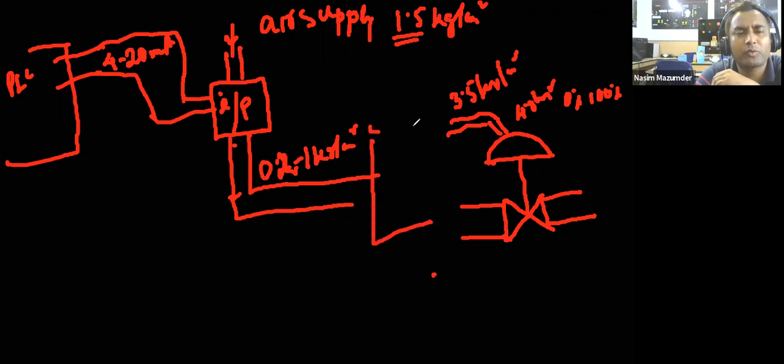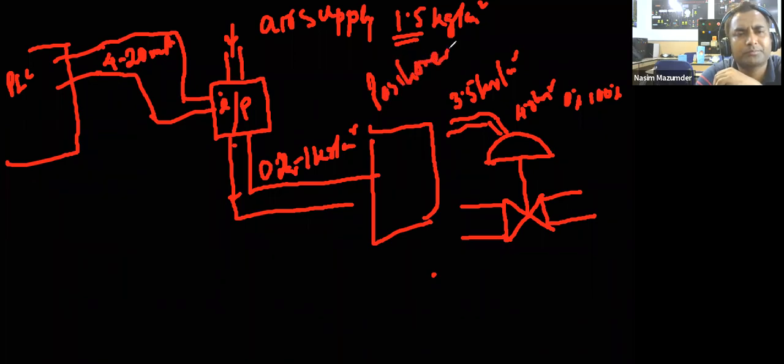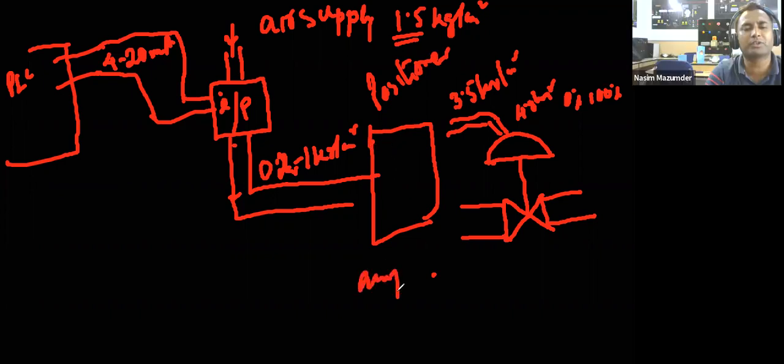Then you use a positioner. Here you are using a positioner, which will amplify your signal. Number one, it will amplify this 0.2 to 1 kg signal. So this 0.2 to 1 kg signal will be acting as your control signal.